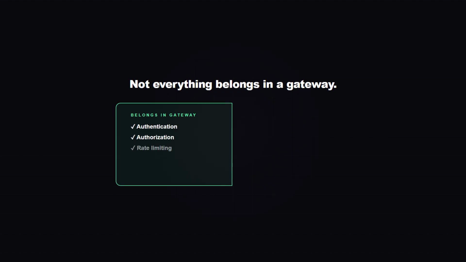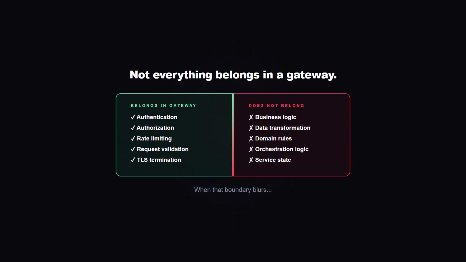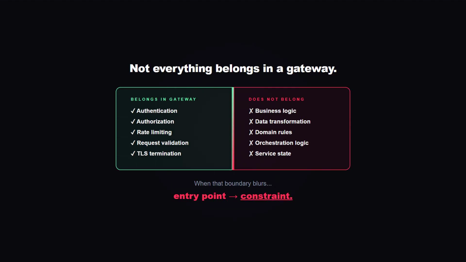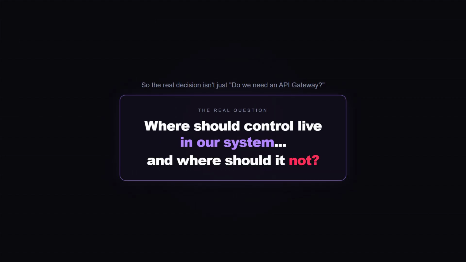Policy enforcement usually does. Business logic usually does not. When that boundary blurs, this layer stops being an entry point and starts becoming a constraint. So the real decision isn't just, do we need an API gateway? It's this: where should control live in our system, and where should it not?